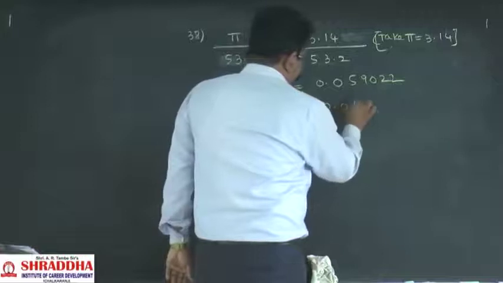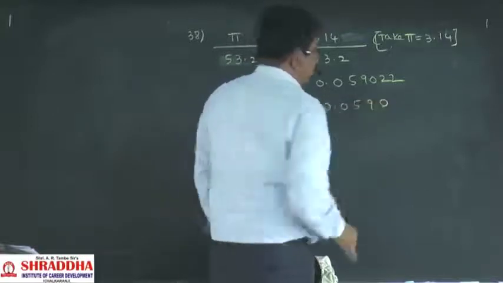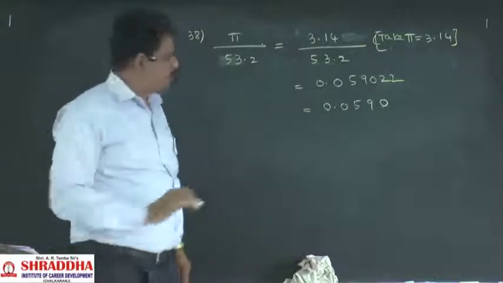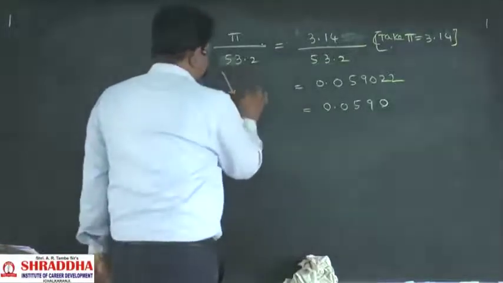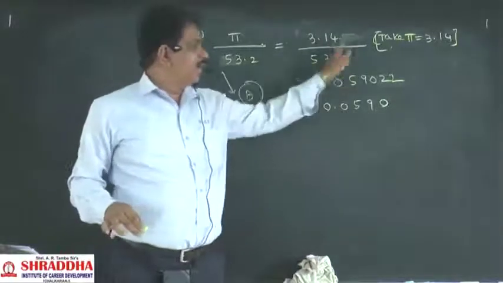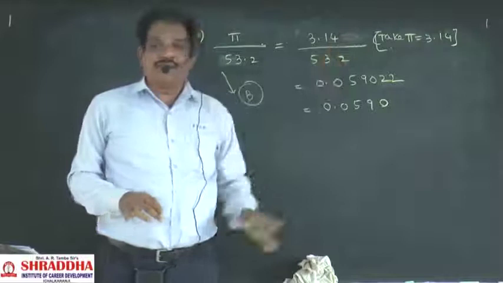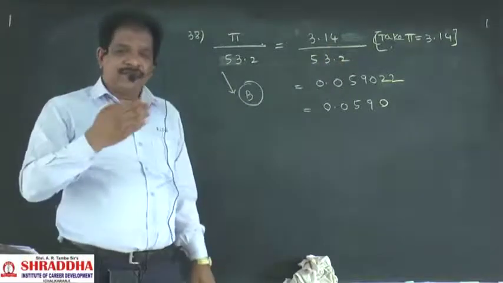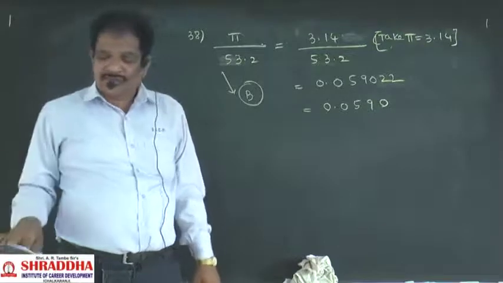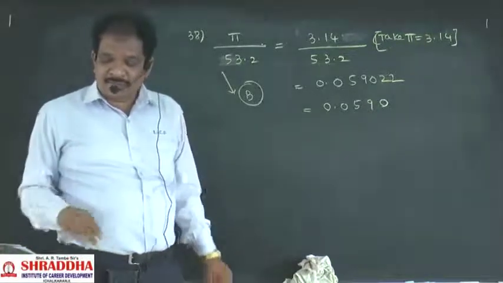So 0.0590 will be the answer for this. So 38, it will be B. Clear? Mention this one. If you take 3.142, the answer will be wrong. Actually, pi will come to so many numbers, not continuously so many numbers we will get. That's why you mention it in the problem.